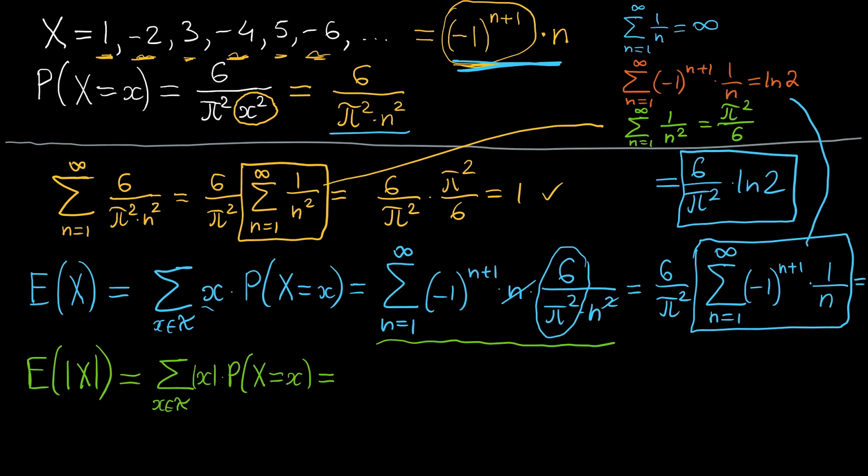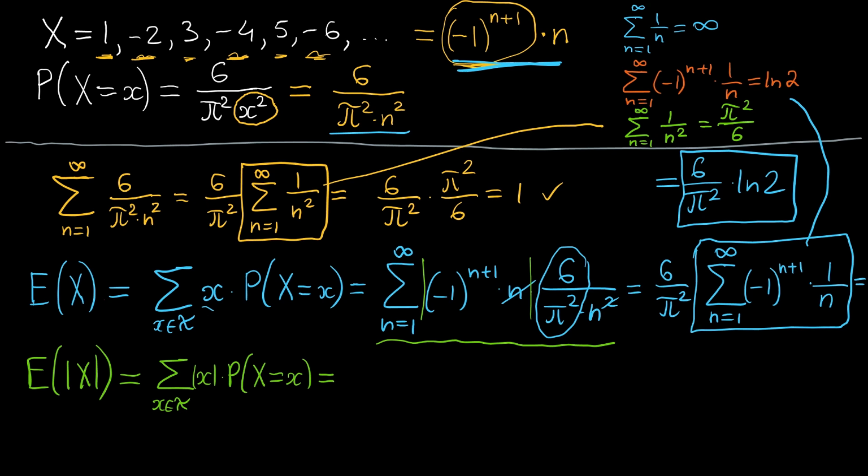It's just that now we're going to put absolute values in front of this minus 1 to the power of n plus 1 times n, right? So the absolute value will take care of that minus 1 to the power because it'll make it positive. And n is positive already, so the absolute value of that entire business is going to be just n.